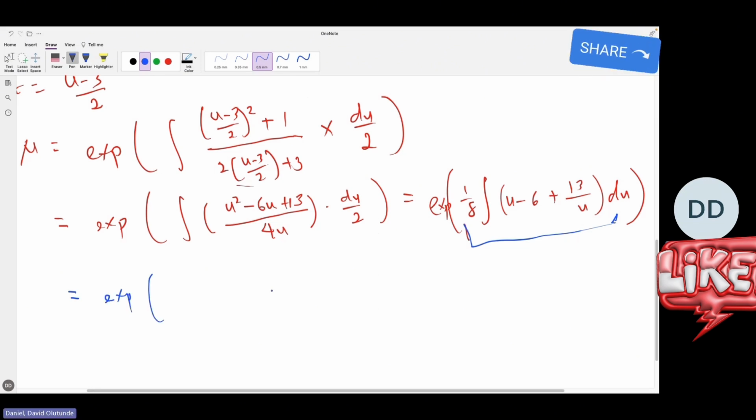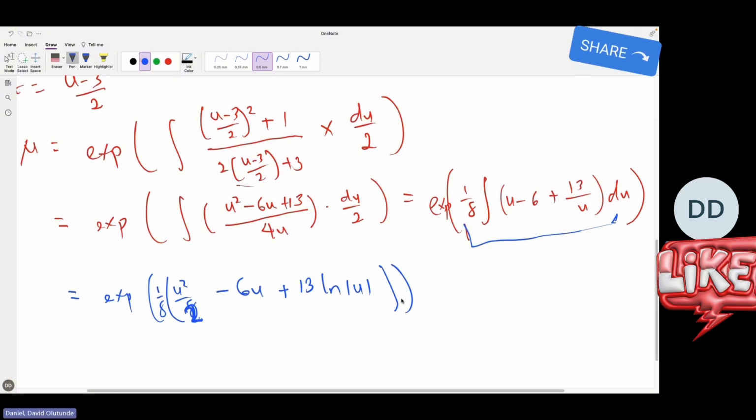If I integrate this, I'll get 1 over 8 times u squared over 2, negative 6u. I'm just integrating the inner bracket. If I integrate u, I get u squared over 2. Then if I integrate negative 6, I get u, or absolute value u.